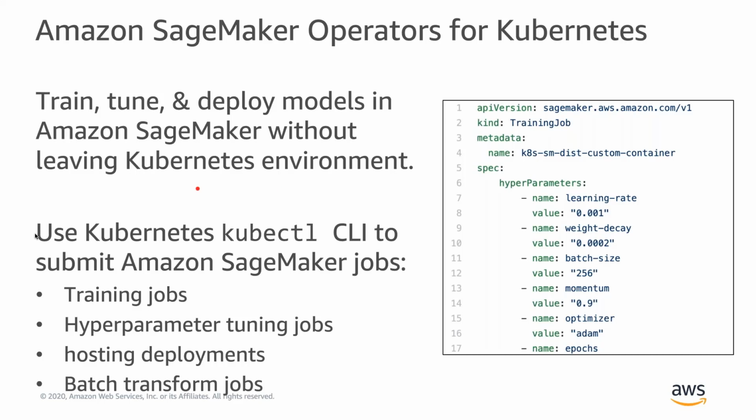You can use the kubectl CLI tool, however you like to pronounce it, that's part of Kubernetes to submit a variety of these types of jobs. And because these are done declaratively in a YAML specification file, they can be versioned, they can be made part of your CI/CD pipeline, and so on.